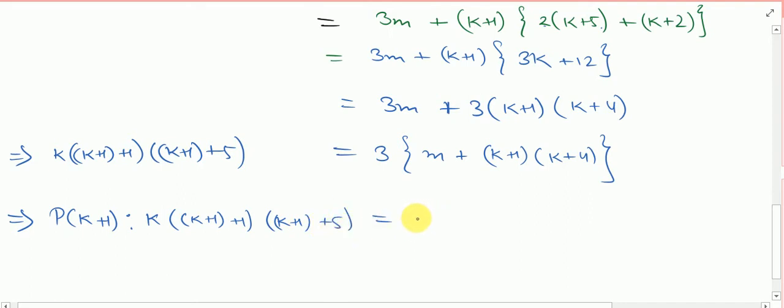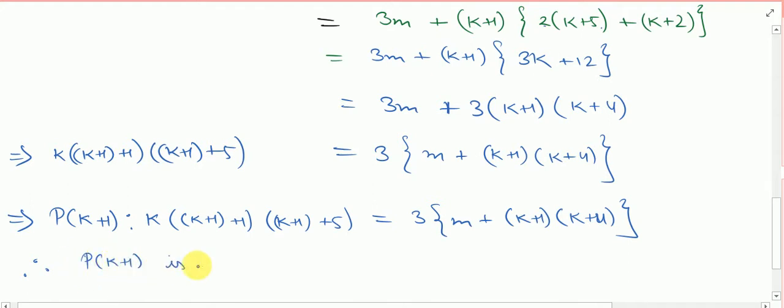whenever Pk is true. Okay, Pk plus 1 is true whenever Pk is true.